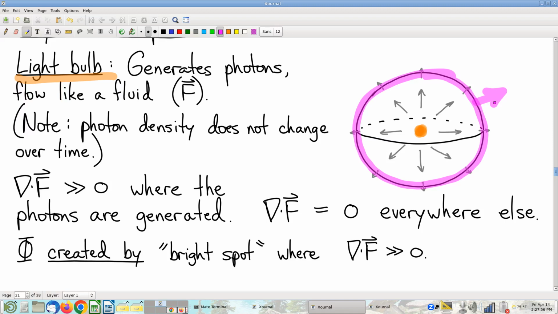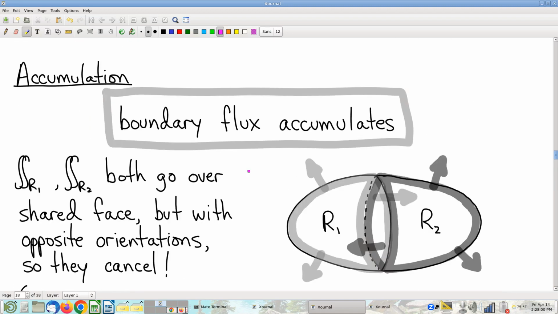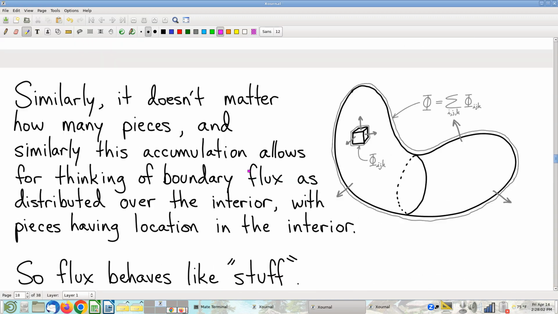Now, let's rewind real quick before we answer that question. I was laboriously trying to make you believe that flux, we compute it on the boundary, but that's not where it came from, right? And that whole speech I won't repeat.